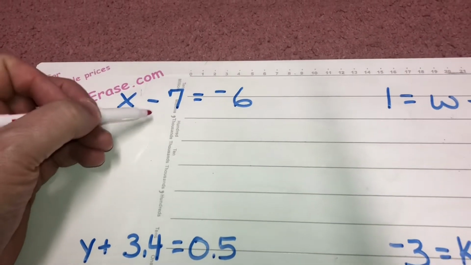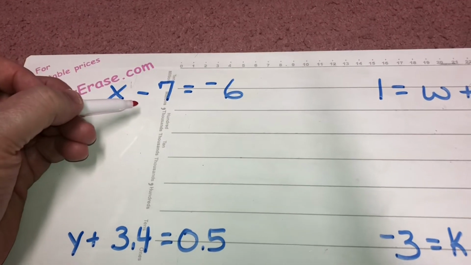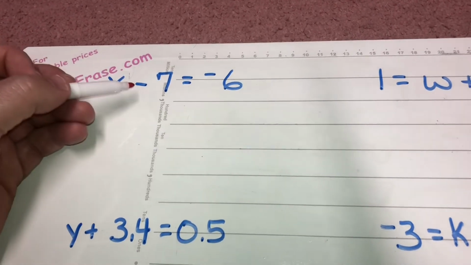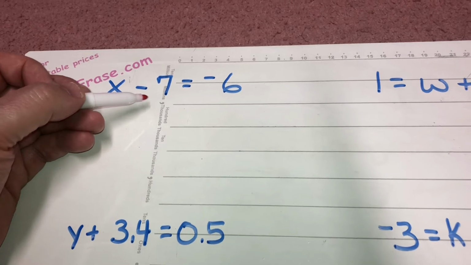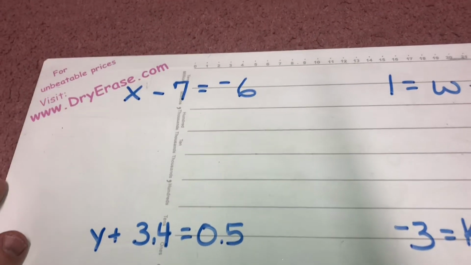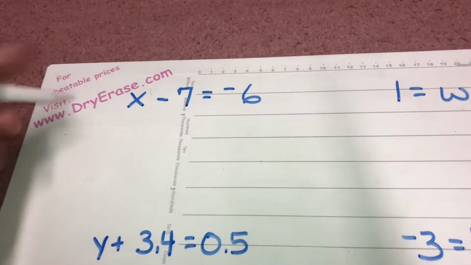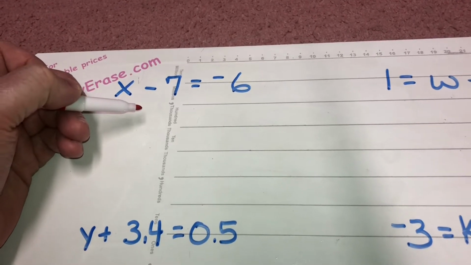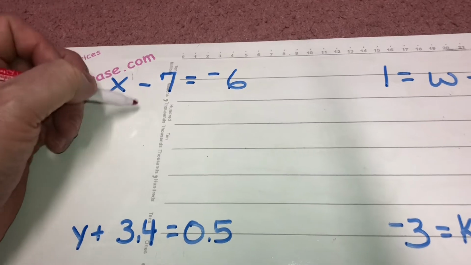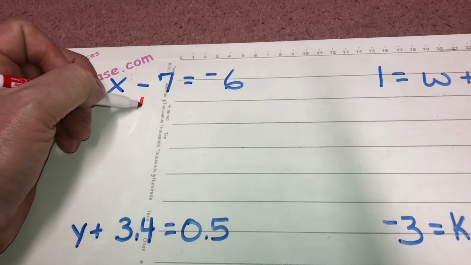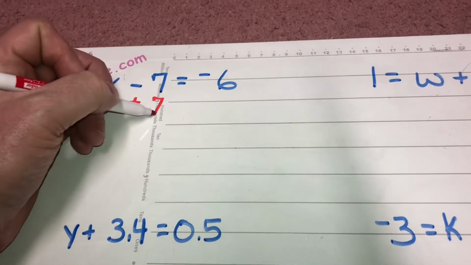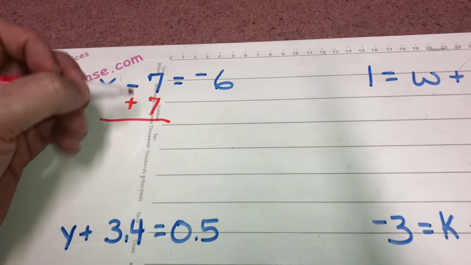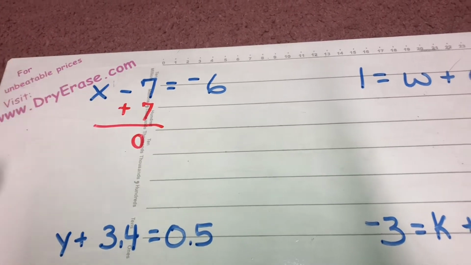So I have x minus 7. I'm going to think of this minus 7 as a negative 7. Not only is it a subtraction sign, it's also interchangeable with a negative sign. Since it's negative 7, I want to get to 0 so I can leave x by itself. Negative 7 plus 7 equals 0.